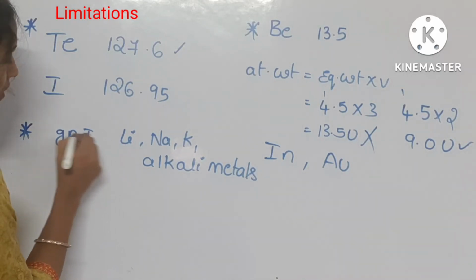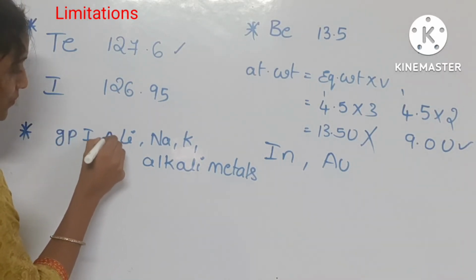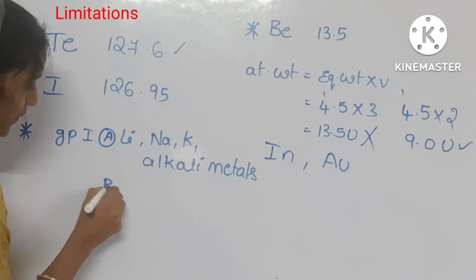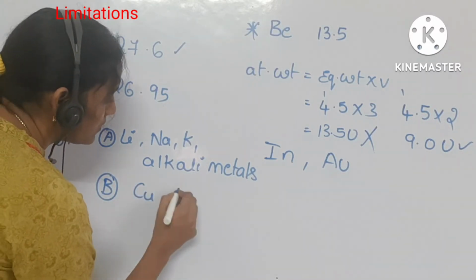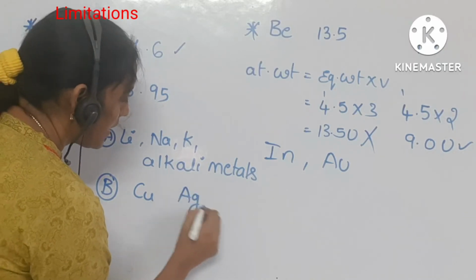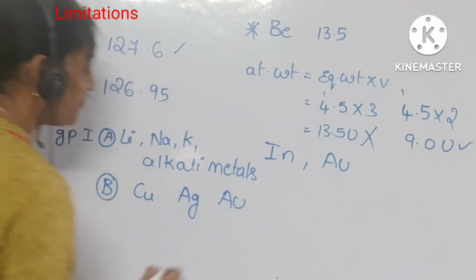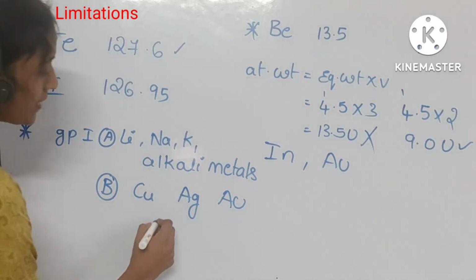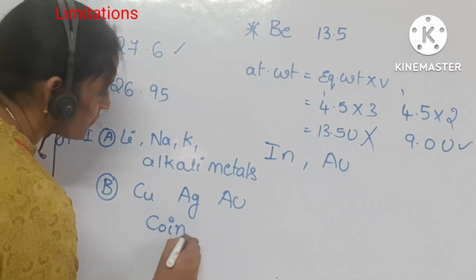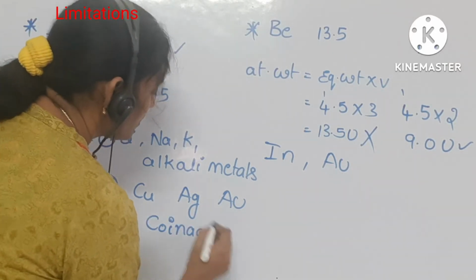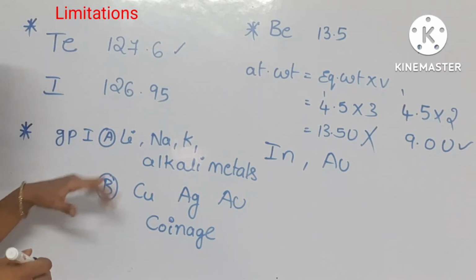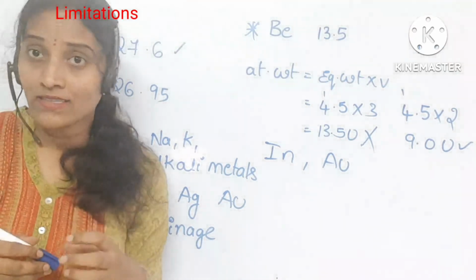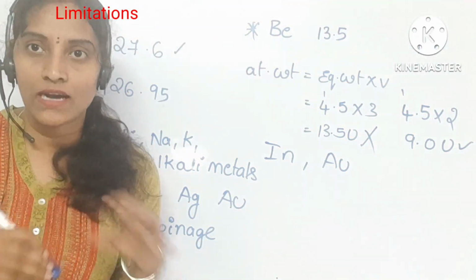These are the group 1, subgroup A and subgroup B elements you can see. Those are copper, silver and gold. See, these elements are the coinage metals. But these two, group A and group B, have only little resemblance in their properties, not complete resemblance.